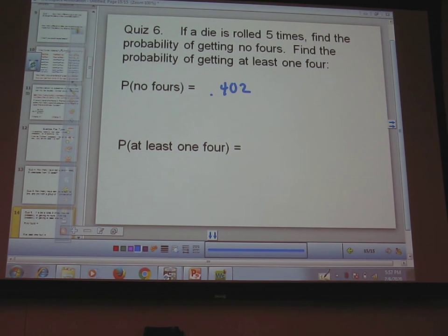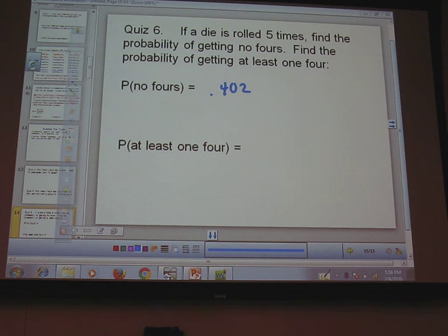But remember, how many ways can I roll 1 4? 4 not, 4 not 4, right? How many ways can I roll 2 4s? 4 4 not 4, 4 4. So I can find all 7 of those different ways of rolling at least 1 4 and add them up, or I can find the probability of getting no 4s and subtract from 1.